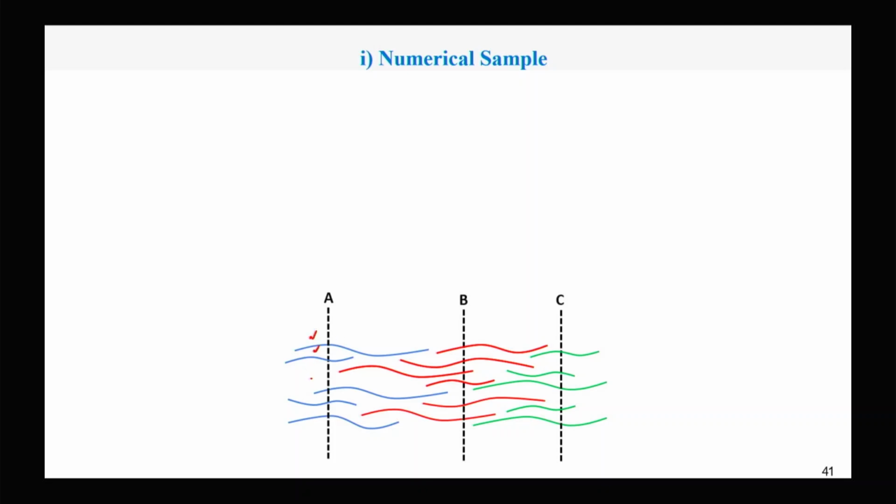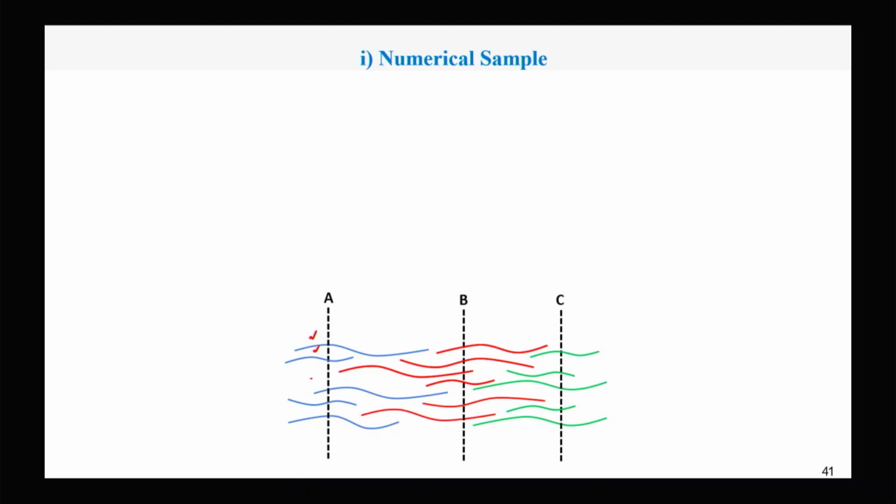Now when I am taking the fibers by gripping at point A, the line A, and I am pulling it, the fibers which are crossing the line A are gripped and being pulled, which is shown by blue colors. But the remaining fibers, which are red and green fibers, are unaffected, irrespective of length.